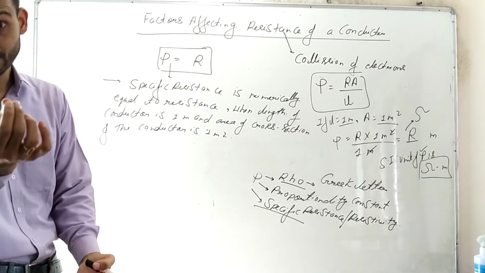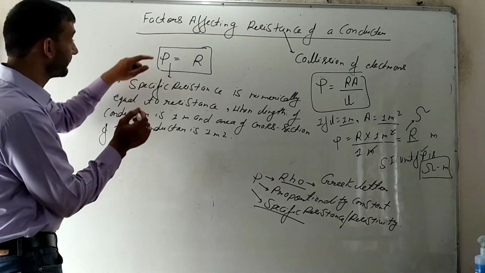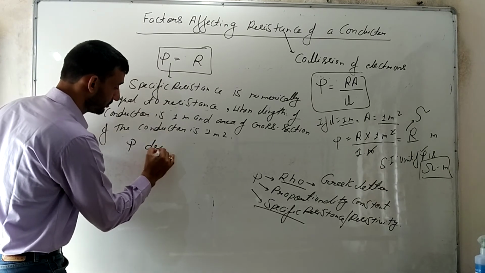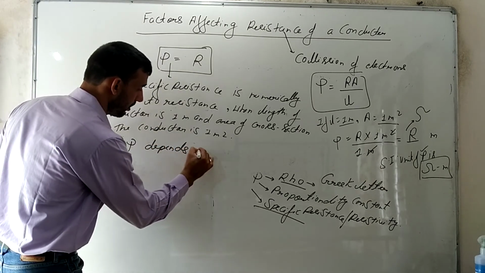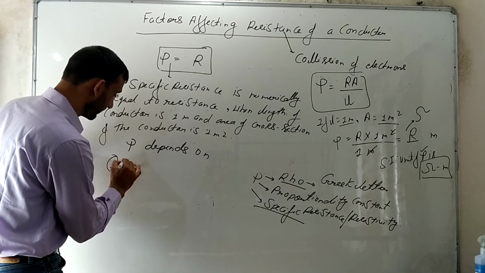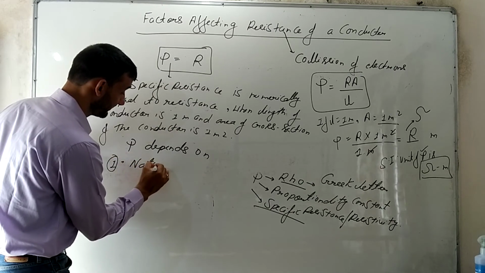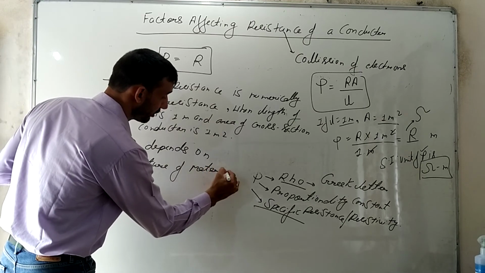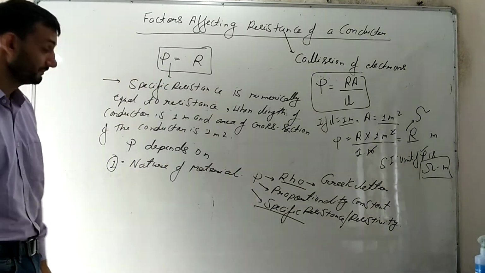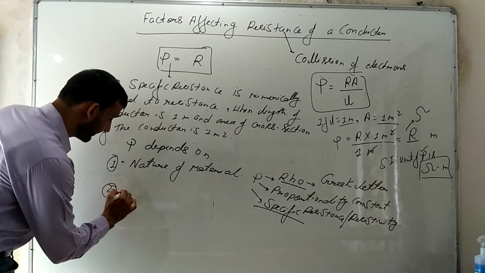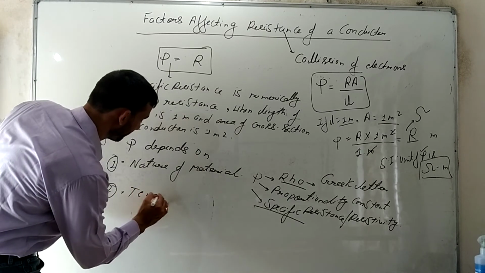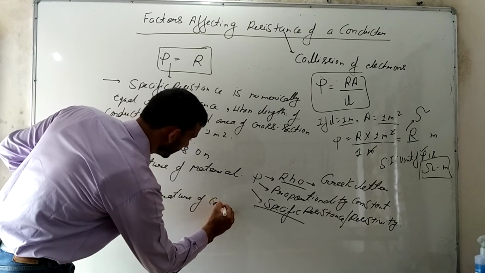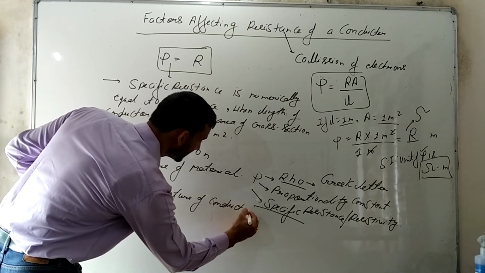So I have to tell you which material this is. So rho depends on the nature of material. It is aluminium, copper, or what. Second, I have to specify the temperature, because this depends on the temperature of the conductor.